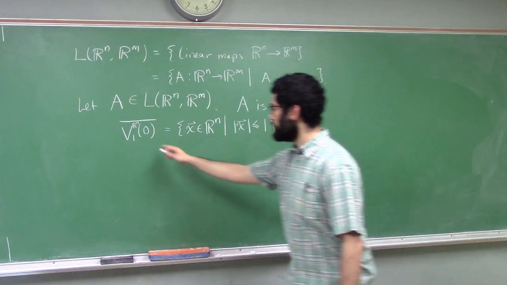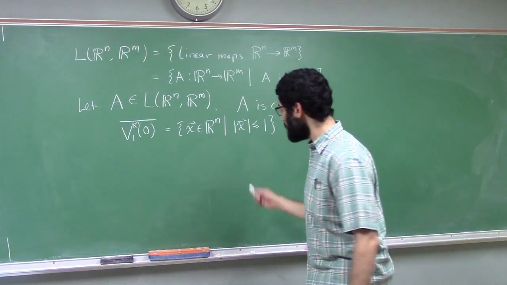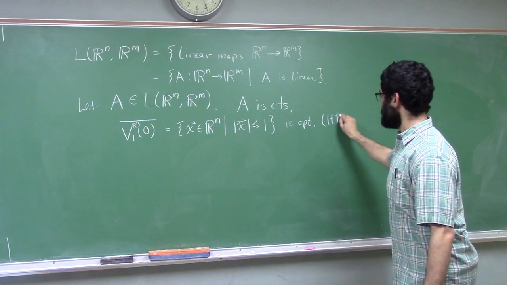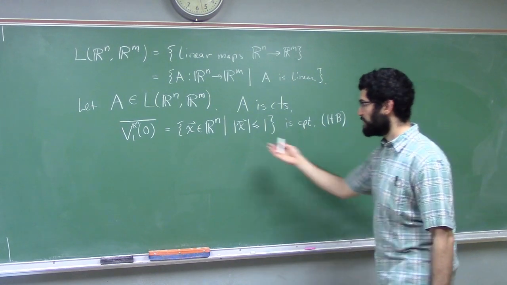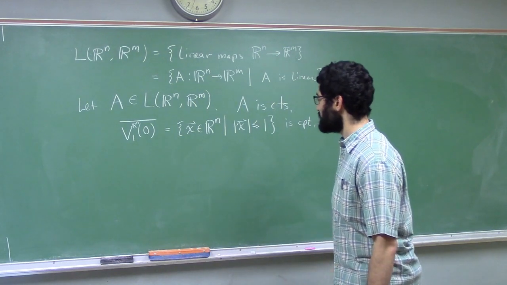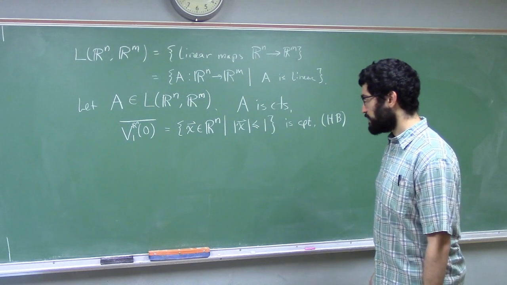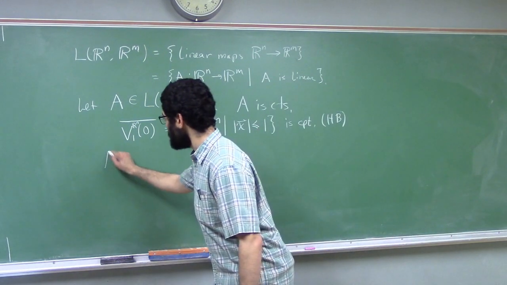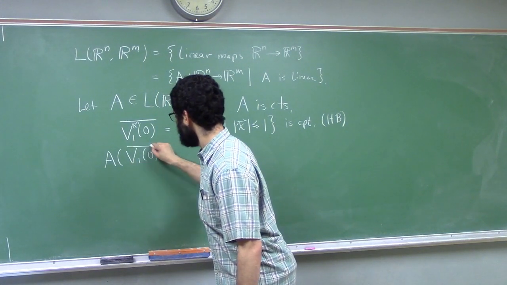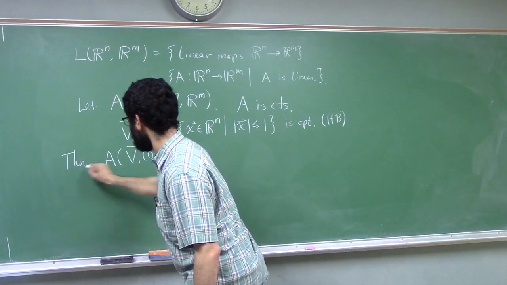This is something you could prove, that the closure of the unit ball consists of these points. And this is compact, referencing the Heine-Borel theorem. This is a closed set because it's the closure of something, and it's a bounded set. Clearly it's bounded, it's inside the ball of radius 2 at the origin. So it's compact. Therefore, if I take its image under A, then that's compact.